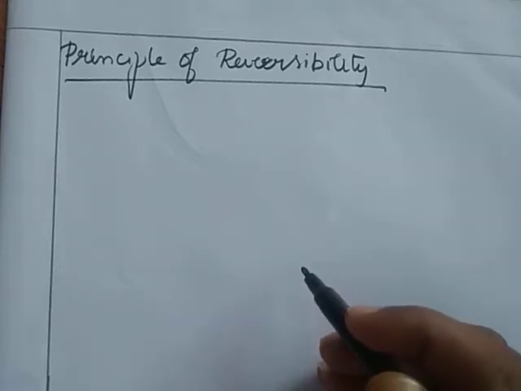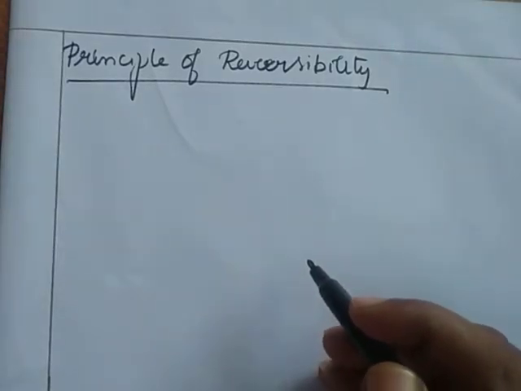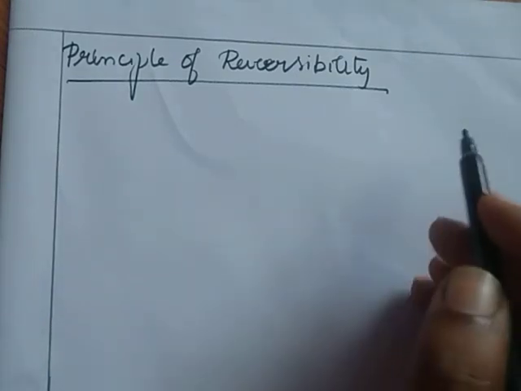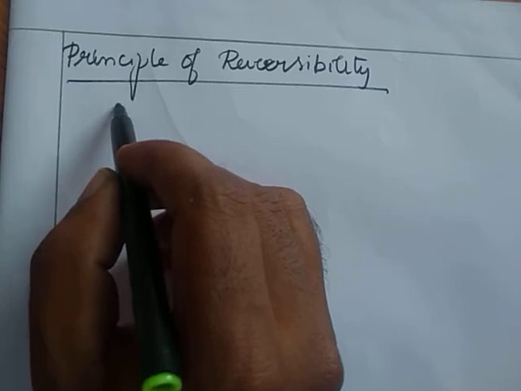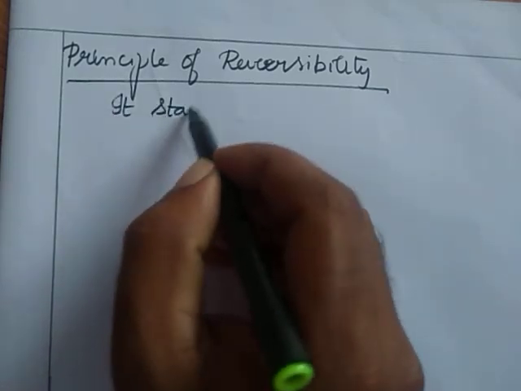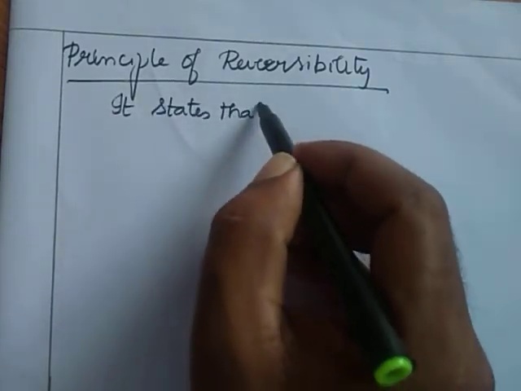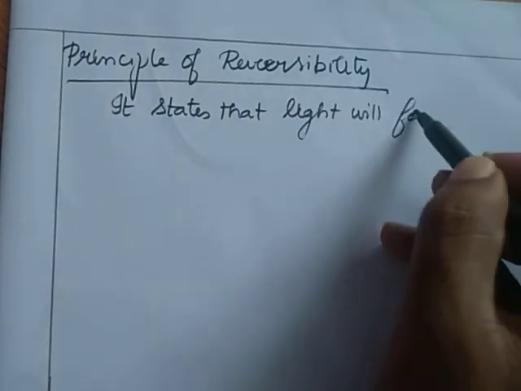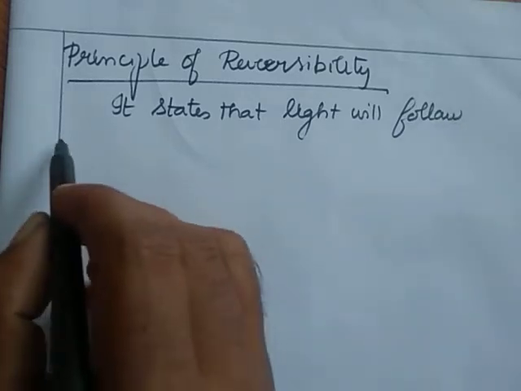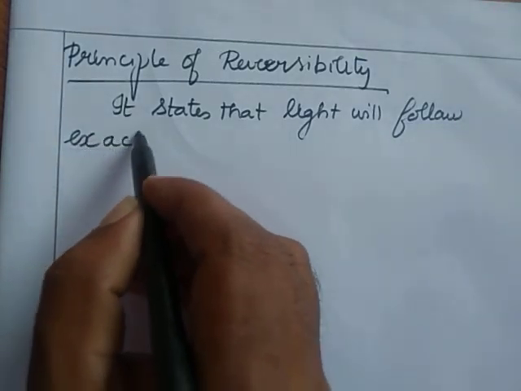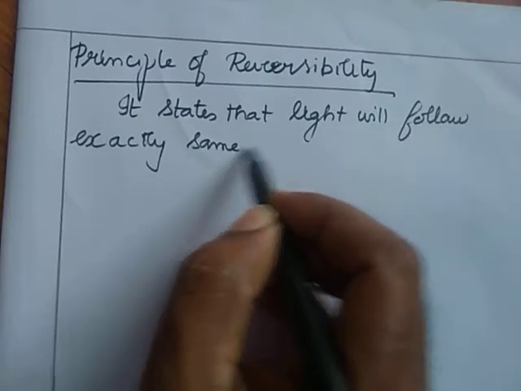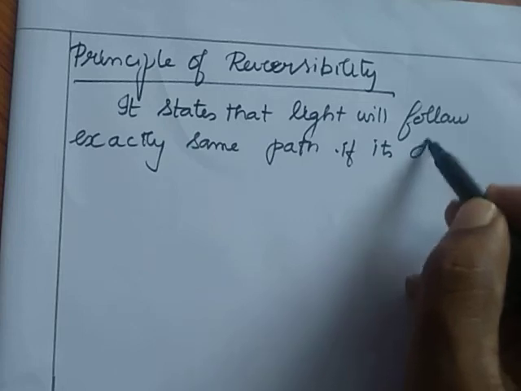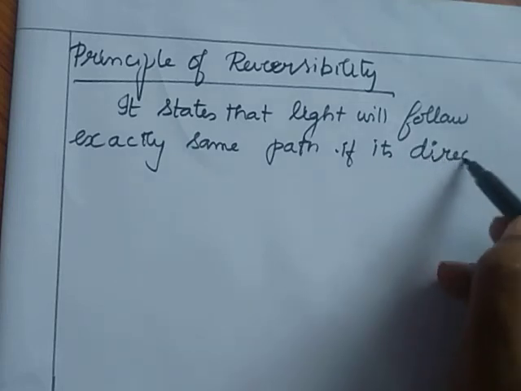The next concept, principle of reversibility. It states that the light will follow exactly the same path if its direction of travel is reversed.